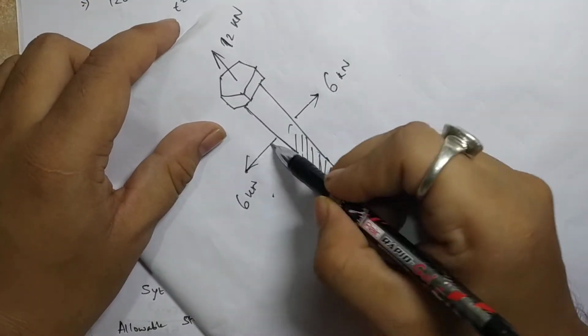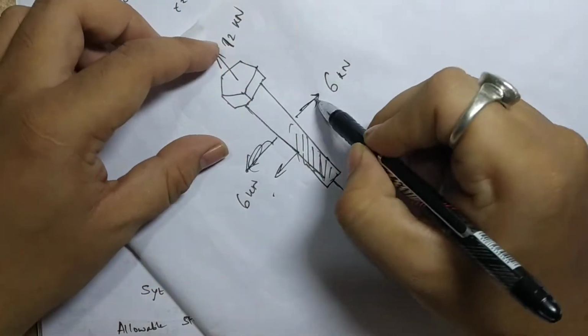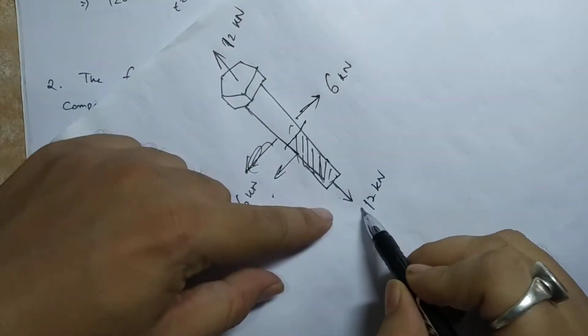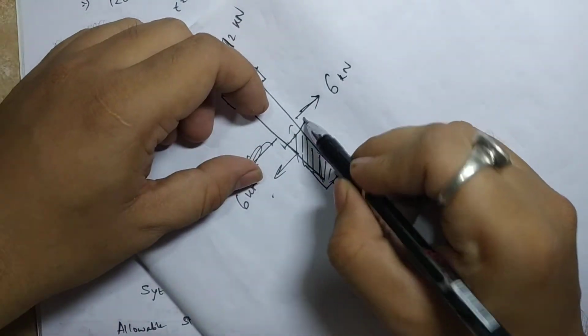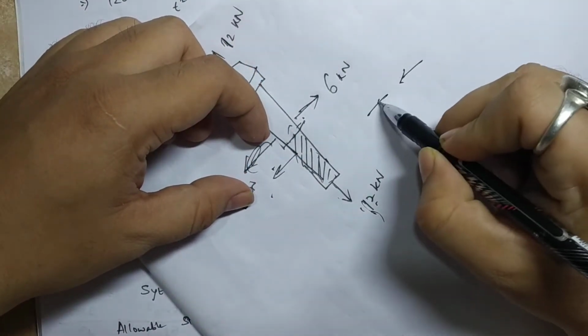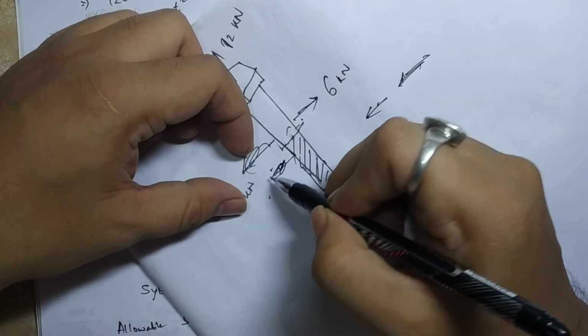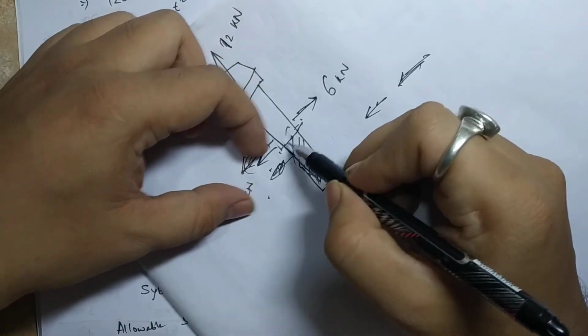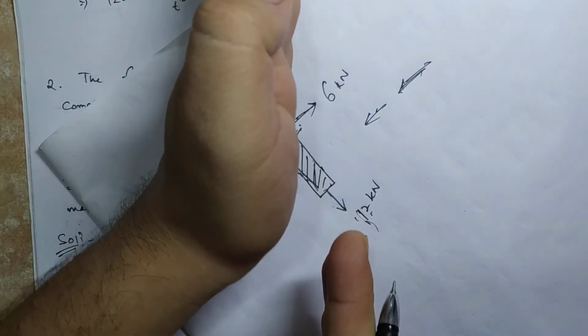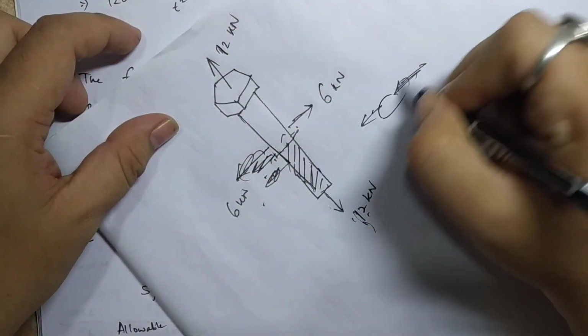Actually not exactly here, somewhere here maybe, so that there is a failure like this. If the 6 and 6 are along the same line, they may cause some failure, but shear will take place when they are not along one line. It'll be just like this. Anyway, that doesn't matter for us.